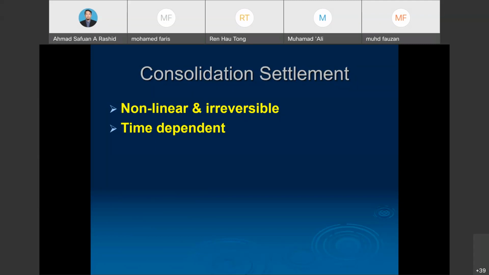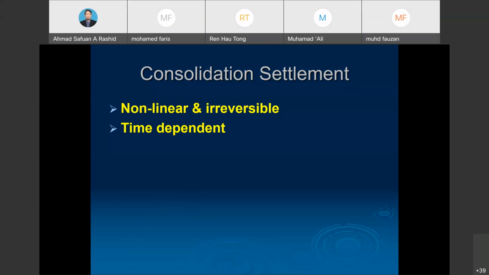So we consider it as an irreversible behavior. So definitely it is time dependent during the consolidation settlement.